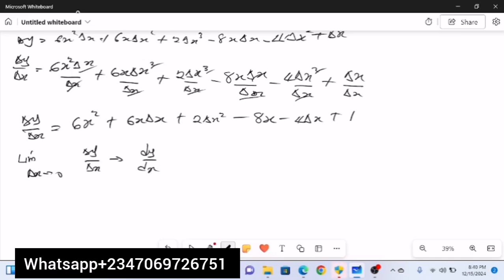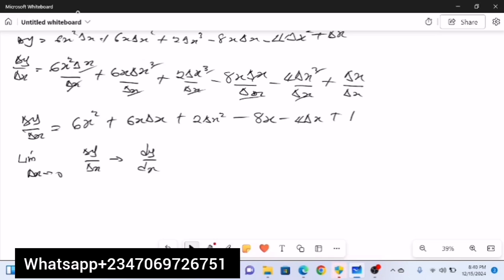So this is simply saying that when you get to an equation in this form where I still have change in x when I found change in y over change in x, and I still have change in x in between the given equation here, what do you do? Simply consider change in x to be 0, and then change in y over change in x automatically becomes dy all over dx.